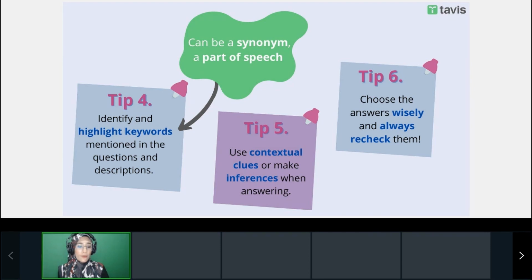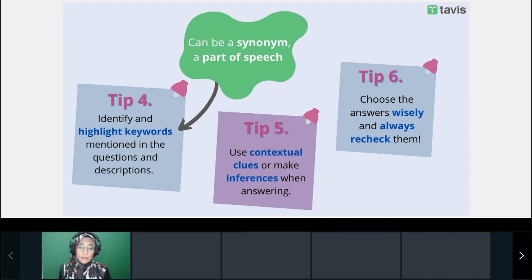And for tip 5, please make sure that you use contextual clues or make inferences when answering questions. You can always use whatever clues or hints are inside the text or the descriptions, and you can also make a guess. Making inferences is trying to guess what the answer would be.